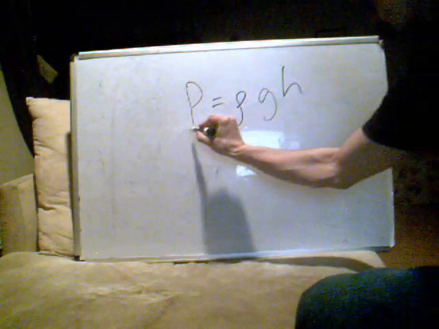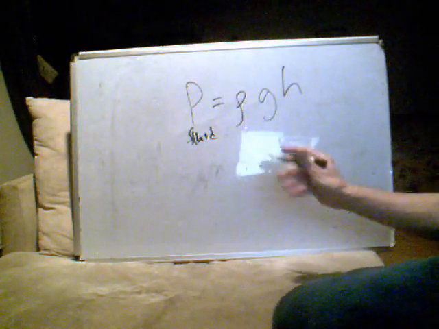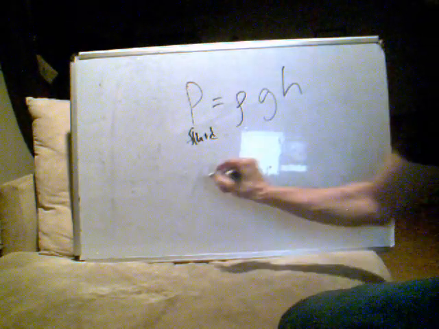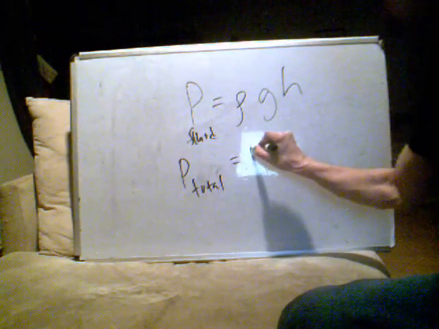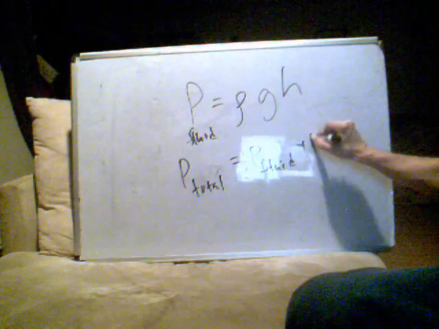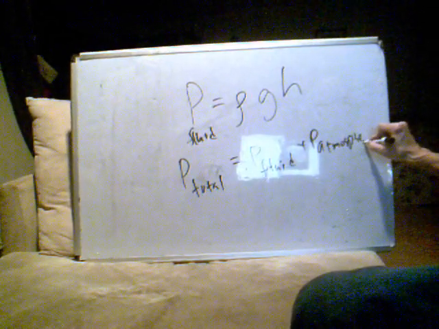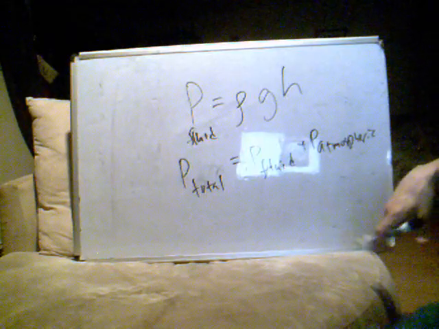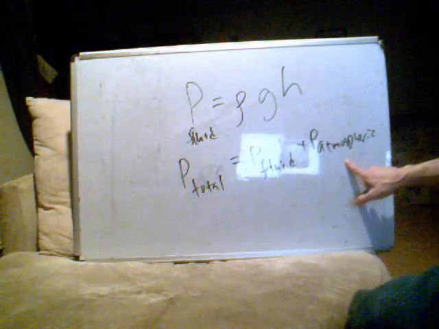So this is fluid pressure. Now, remember, if you want to talk about the total pressure, that's equal to the fluid pressure plus the atmospheric pressure. If you're outside a swimming pool, there's only the atmospheric pressure on your eardrums.